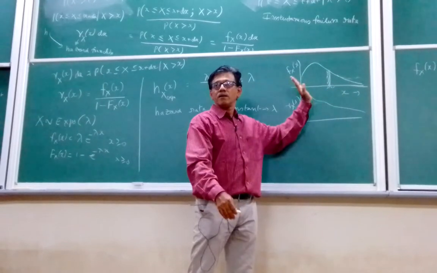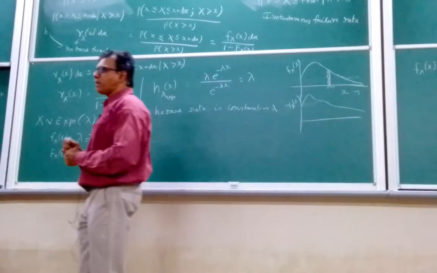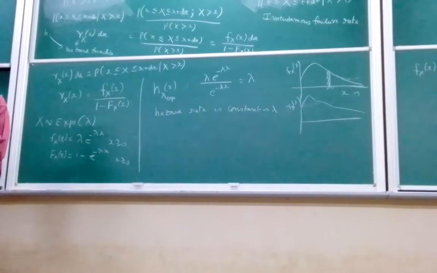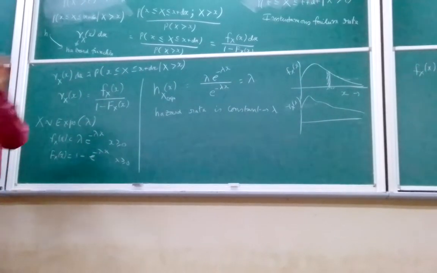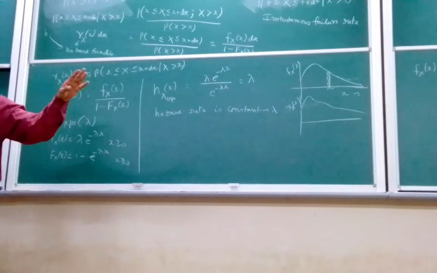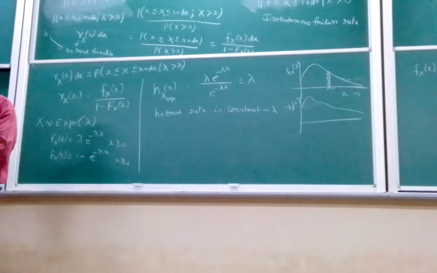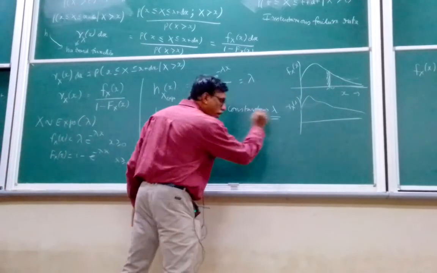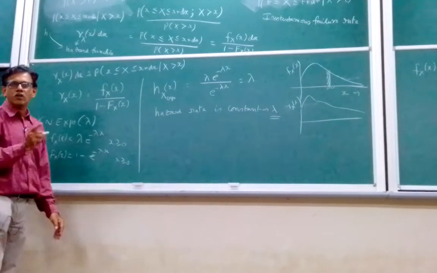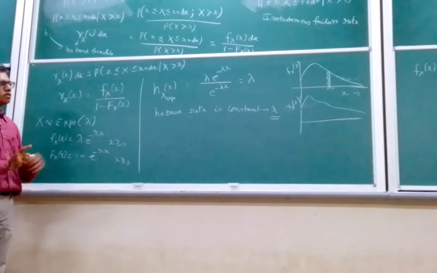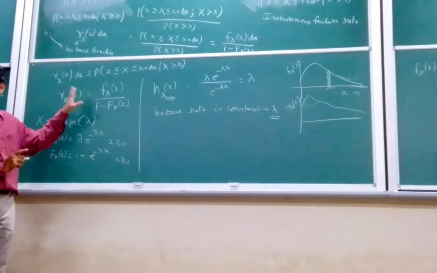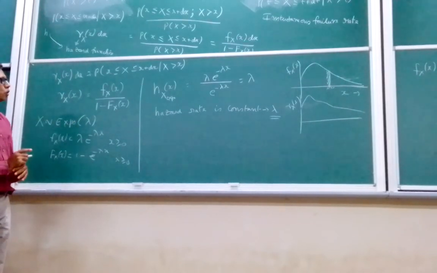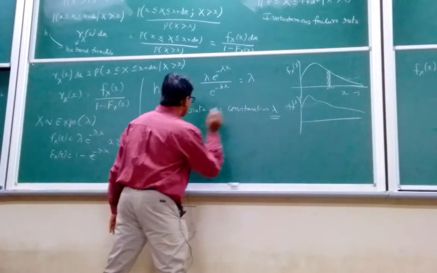But because of the memoryless property of the exponential distribution, it never ages. It is as new as it was when we started using it, given that it has survived, and that is why it is the only continuous valued random variable whose hazard rate is independent of its lifetime. So that is one important fact.